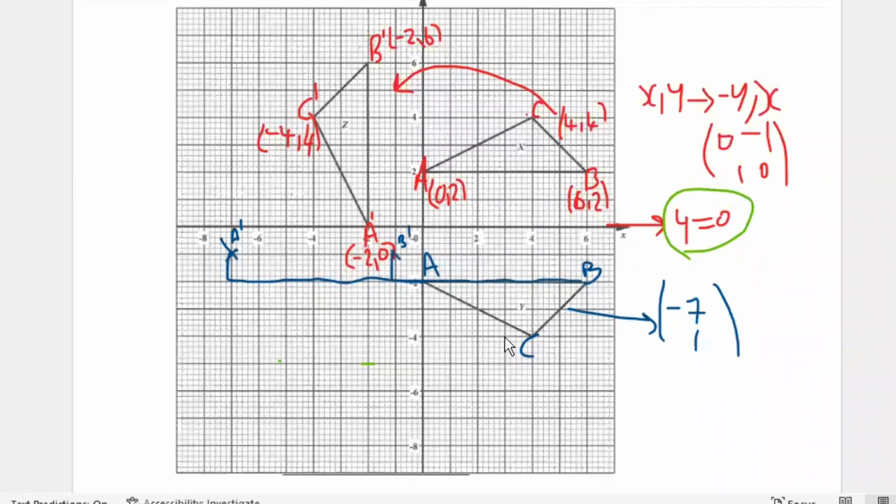And you're doing the same thing for C. So it is 7 places across, 1, 2, 3, 4, 5, 6, 7, 1 unit up. So this now is our C prime. And you connect all 3 points.